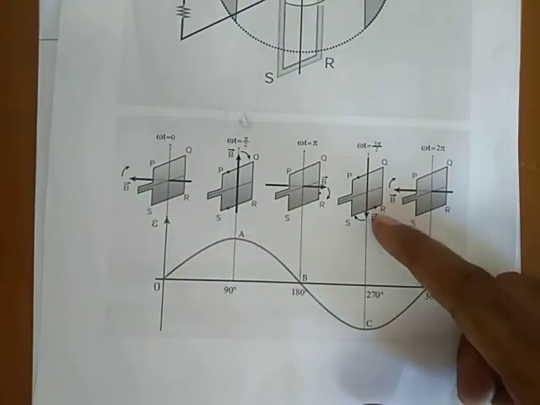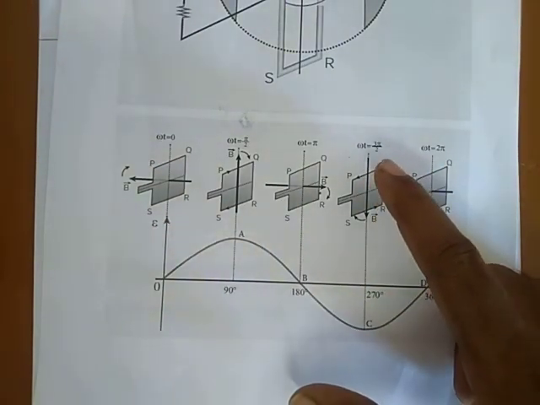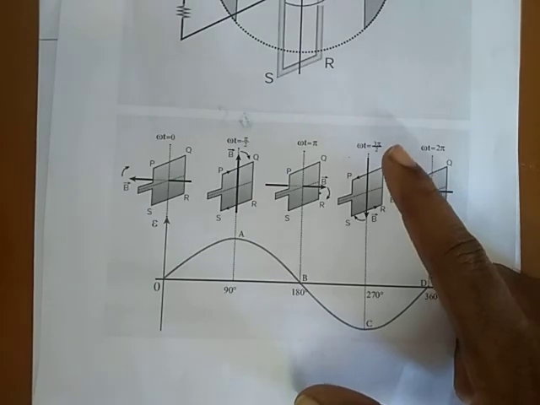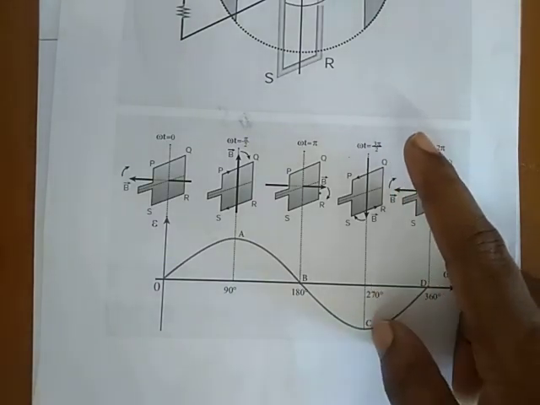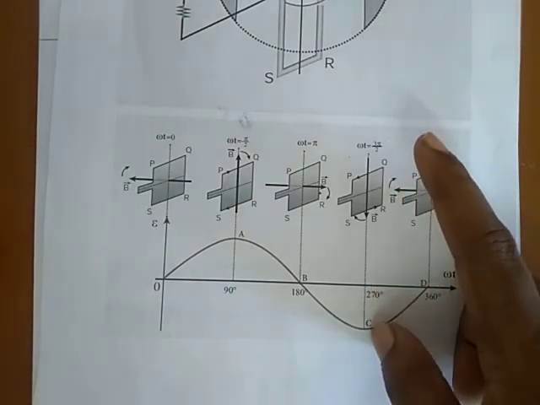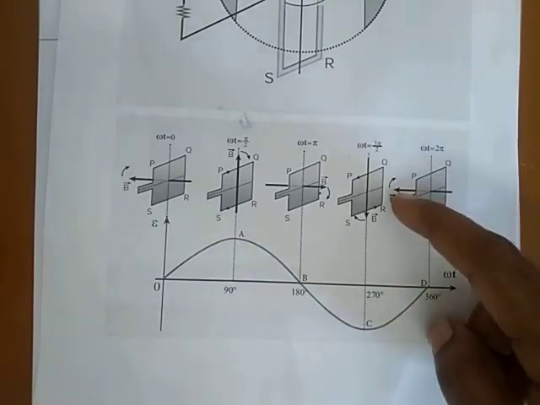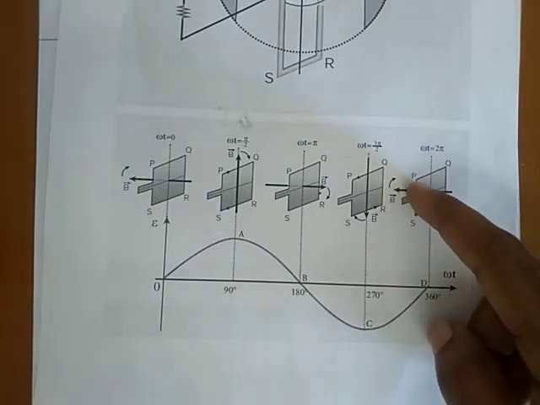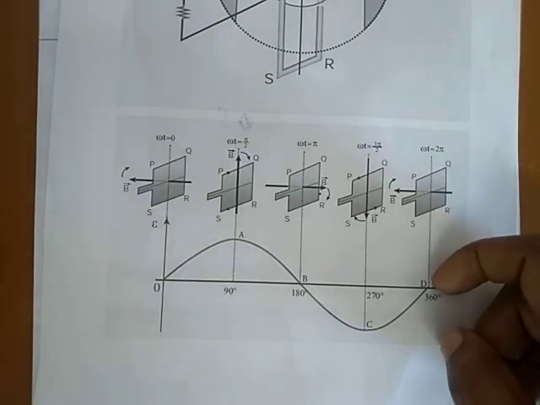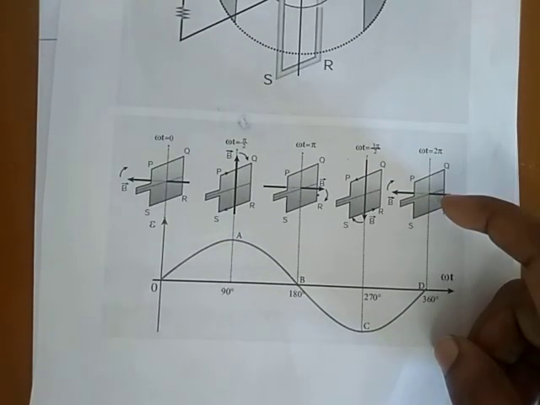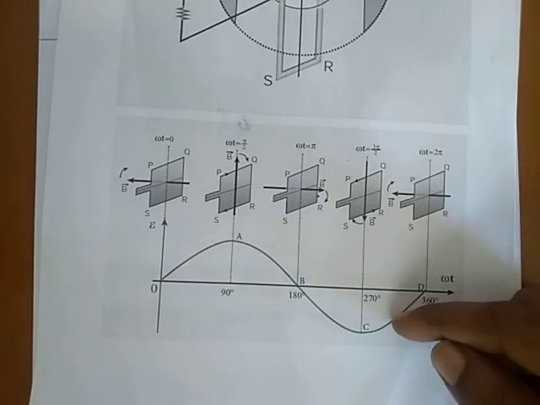Then the conductor will experience an EMF in the reverse direction, so the graph represents it as reverse psi m, that is minus psi m. Then at the initial position, that is 360 degrees from the initial position, it will again be 0. For one complete rotation the induced EMF finishes one cycle.